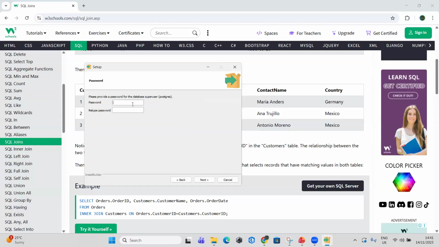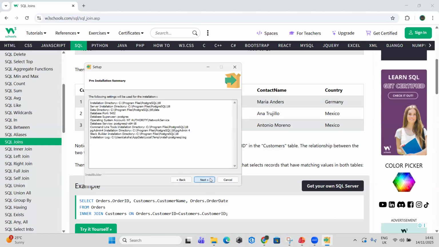Does it mean you understand? It means whenever you're opening your Postgres, it will ask for a password. So for the simplicity of it, I always put 1, 2, 3, 4, 5, 6. Let this be like this only.